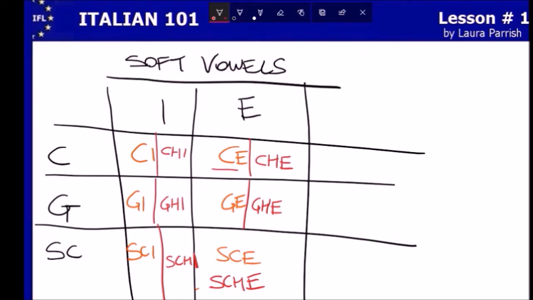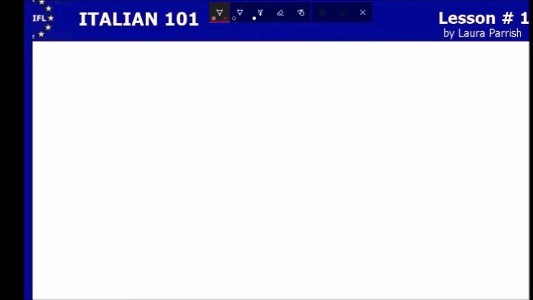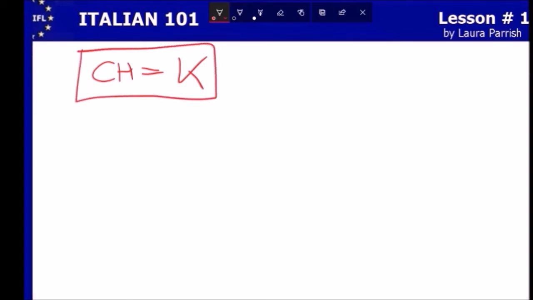Basically, the rules of pronunciation, I know they sound confusing, but now I'm gonna show you some exercise. First of all, you have to remember that this sound CH is always a K. Okay? Remember this. And now let's write some words. Remember, the soft vowels E and I plus H become hard. Okay, this is something to remember.